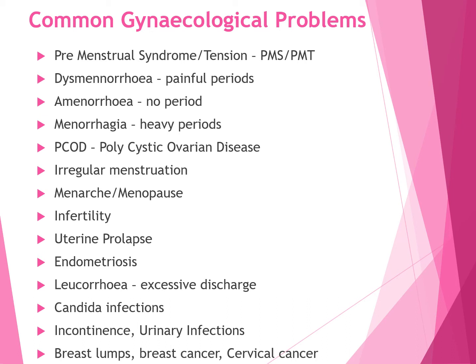Then leukorrhea. Leukorrhea is a white discharge, excessive white discharge from the vagina. Then candida infection, which is a fungal infection. Then incontinence, which is a weakness of the pelvic floor.